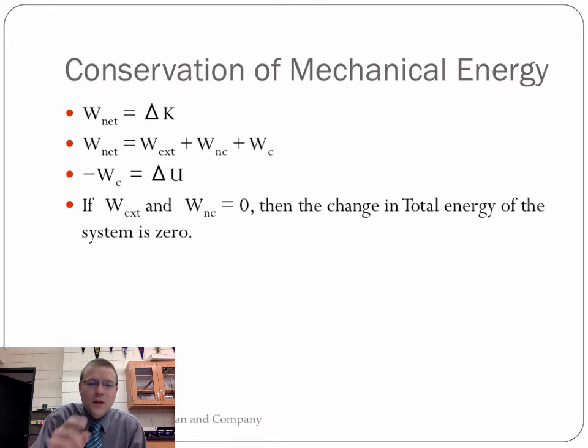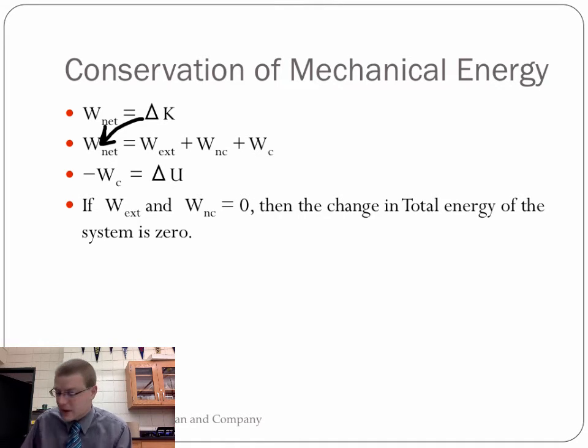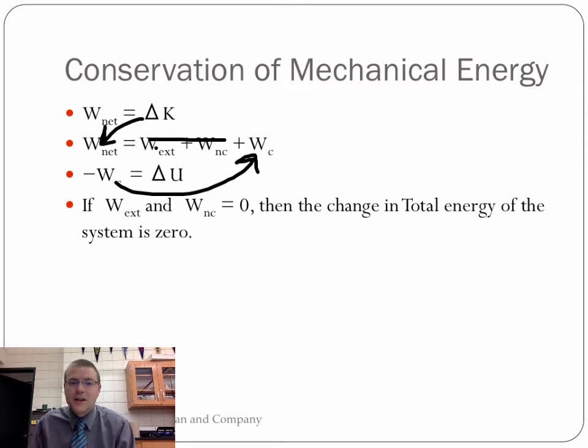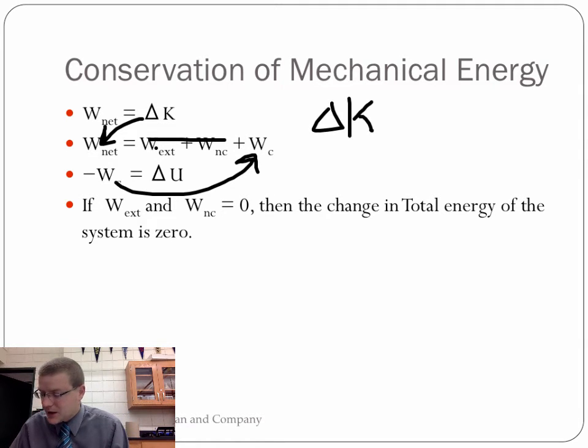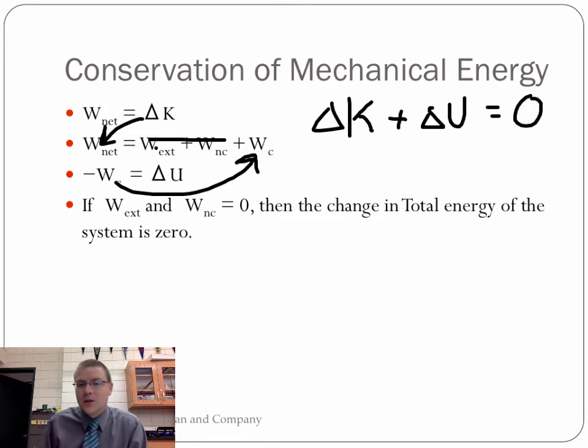So if I put in work done by external and work by non-conservative forces, adding them up to be 0, I can rearrange this and put in the change in kinetic energy for my net work, and I'll put this in for the work done by conservative forces. These two are going to cross out to 0, and what I'm going to get is a change in kinetic energy plus a change in potential energy equals 0.